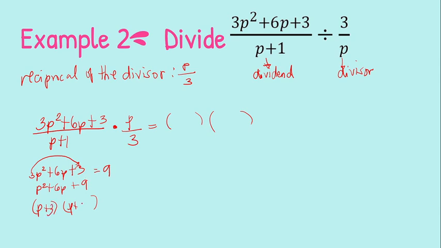That is 3 and 3. 3 times 3 is 9, 3 plus 3 is 6. Now, bring down the numerical coefficient of the first term of the given. Let's divide this by 3, then reduce to lowest terms. We have now p plus 1 over p plus 1. So this is now the factors of the 3p squared.